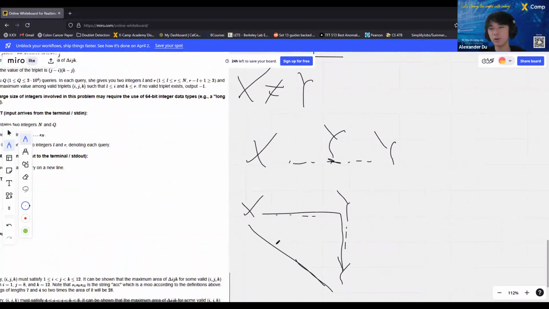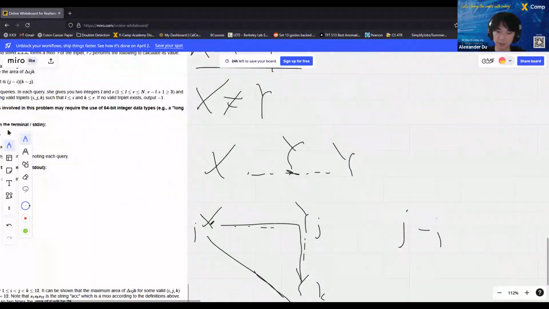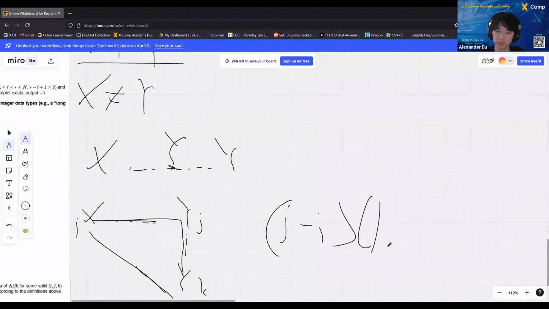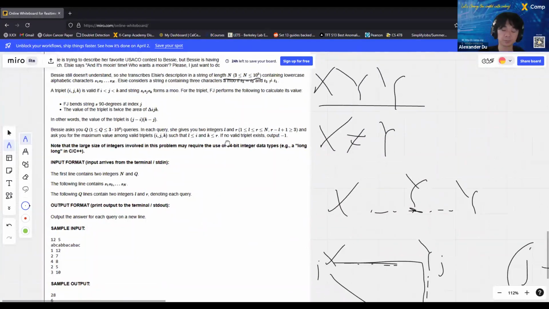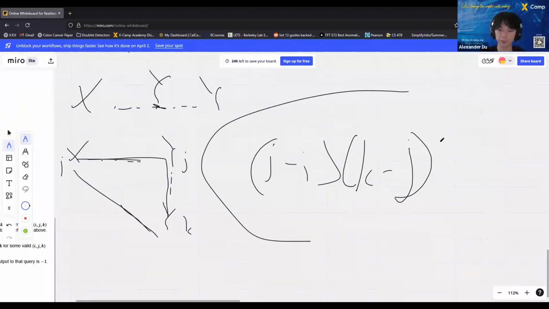In more mathematical terms, if this is at index i, this is at index j, this is at index k, we're doing j minus i times k minus j, divided by 2, but I didn't really care. So we were just looking for this.